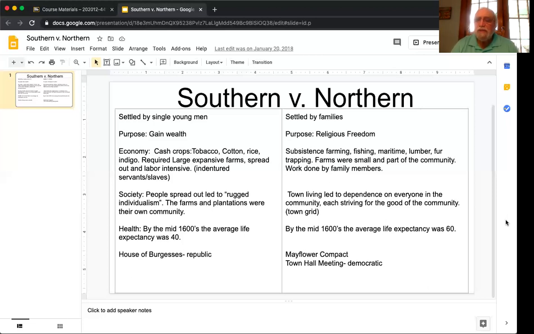The ones that did survive become the competition for the plantation owners, because now they're going to go out to get their piece of land, and they're going to grow the crops that they are accustomed to growing, and now they will become the competition. And so what you end up with down south is more people coming in and moving farther and farther west to get these pieces of land that they were promised.